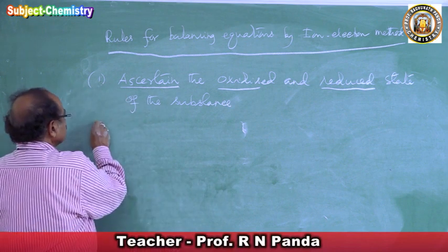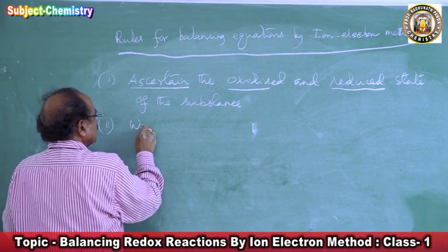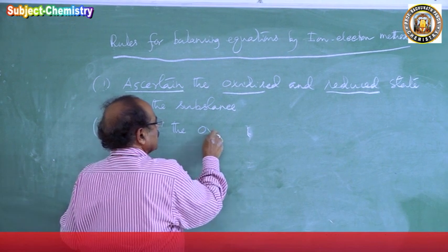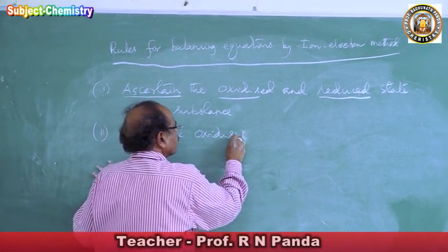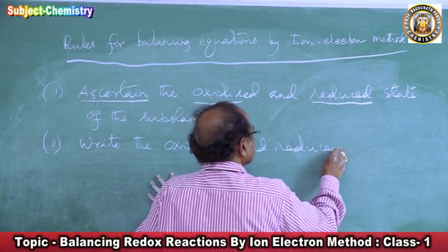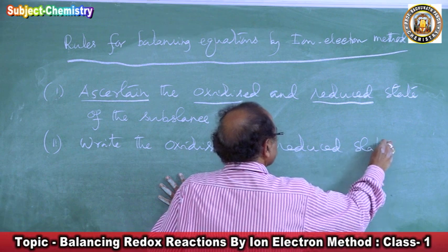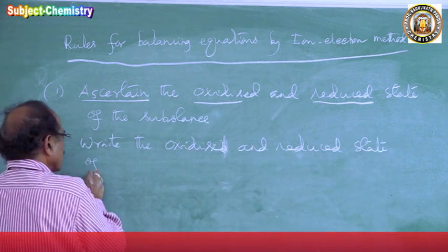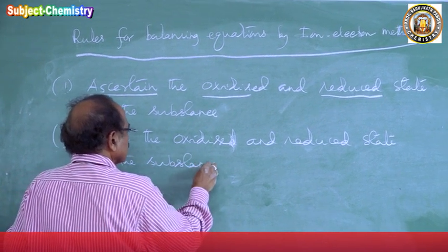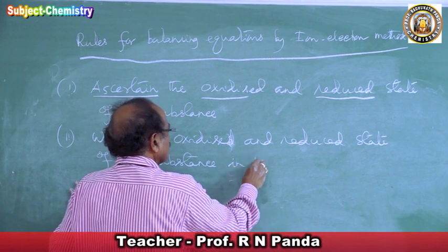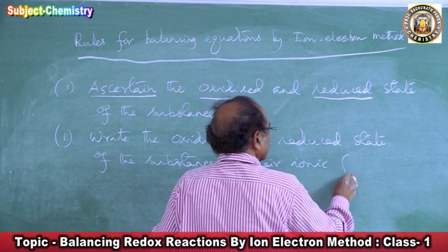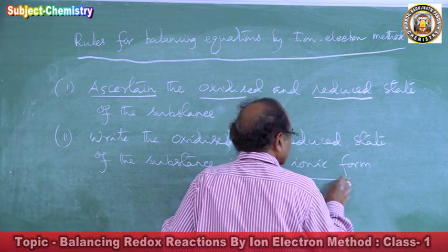Second, write the oxidized and reduced state of the substances in their ionic form.